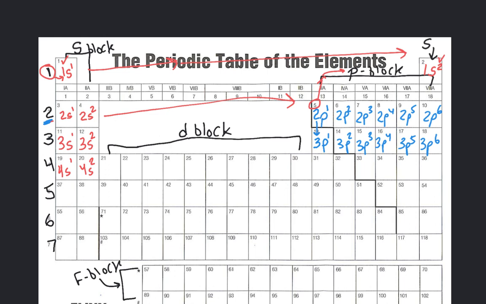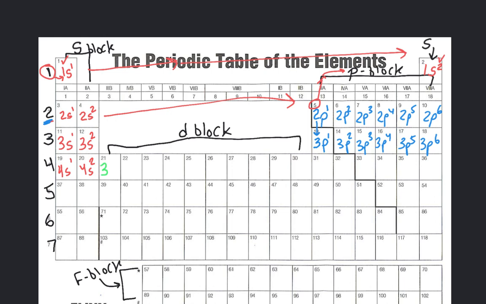and this is a really frustrating part of the periodic table because the D block actually turns into, even though we're in the 4th row, this becomes a third energy level. So this is a 3.